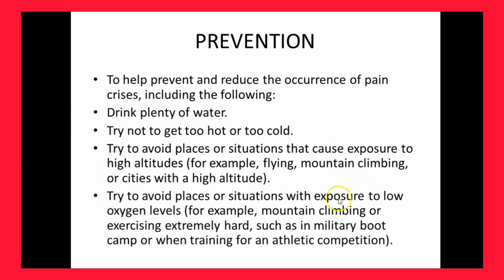Try also to avoid places or situations with exposure to low oxygen level, for example mountain climbing or exercising extremely hard. These are not what is expected of a sickler, so that you will not get into the crisis.